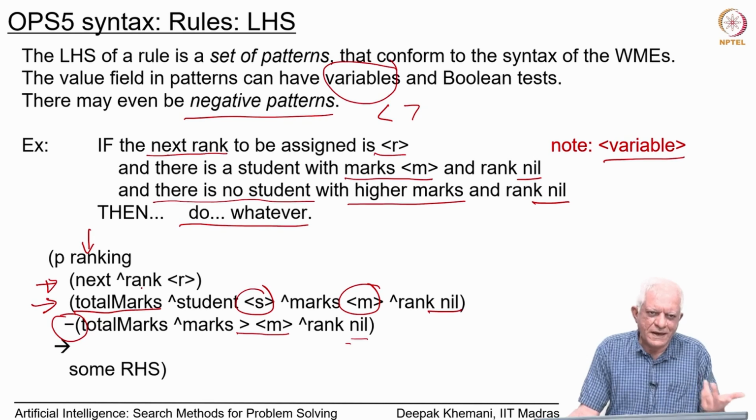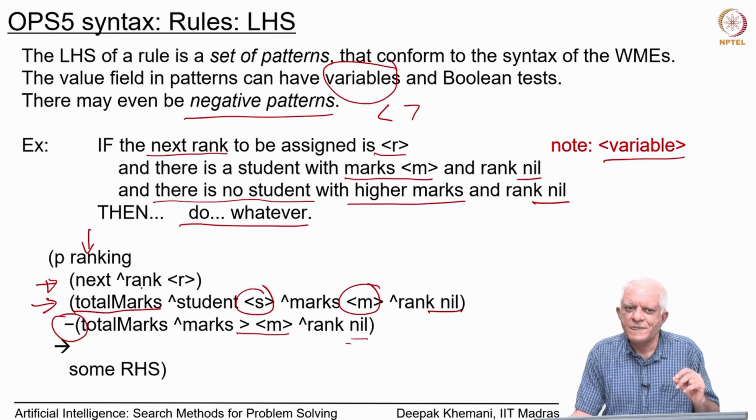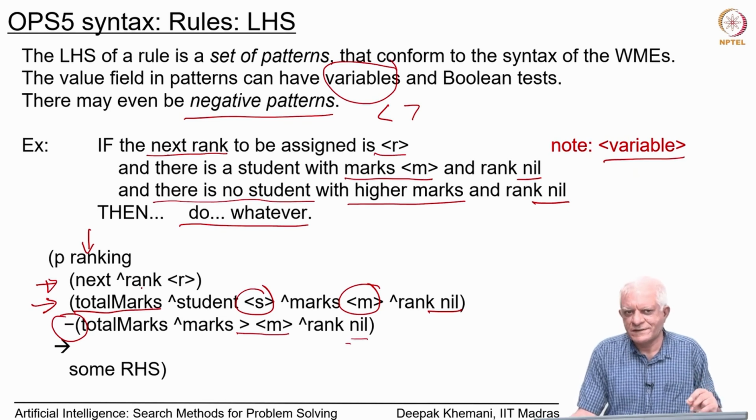The third pattern will not match anything obviously, because it says that there must be no such pattern, but the first two patterns must match specific working memory elements. We know which student we are talking about, and we know what rank that student should be assigned. We will take this up after a break when we look at matching in more detail and also the actions in the right hand side.